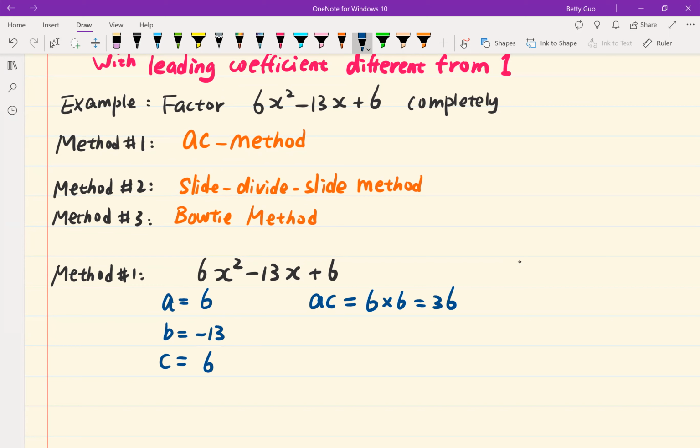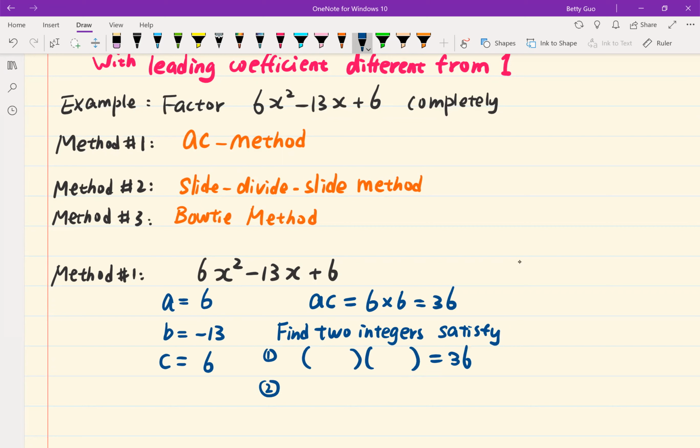Then we are going to find two integers that satisfy the following two conditions. Condition 1, the two numbers need to multiply to A times C. In this case, it is 36, right?